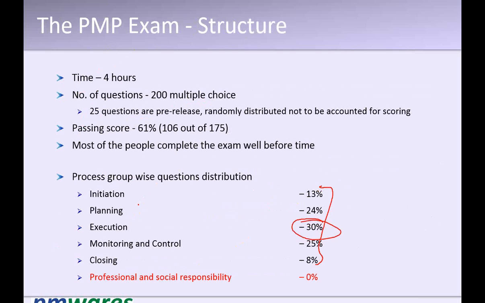So in execution, 30% of questions, probably 50% of them will come from human interaction. That is the most uncertain part of the project, and could be challenging also. 24% come from planning, 25% from monitoring and control, 13% from initiation, and 8% from closing. So the least number of questions will come from closing.